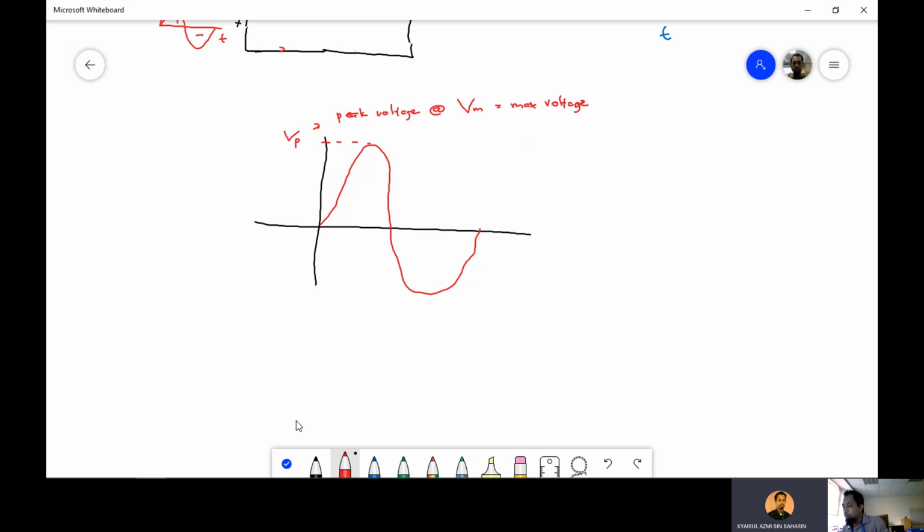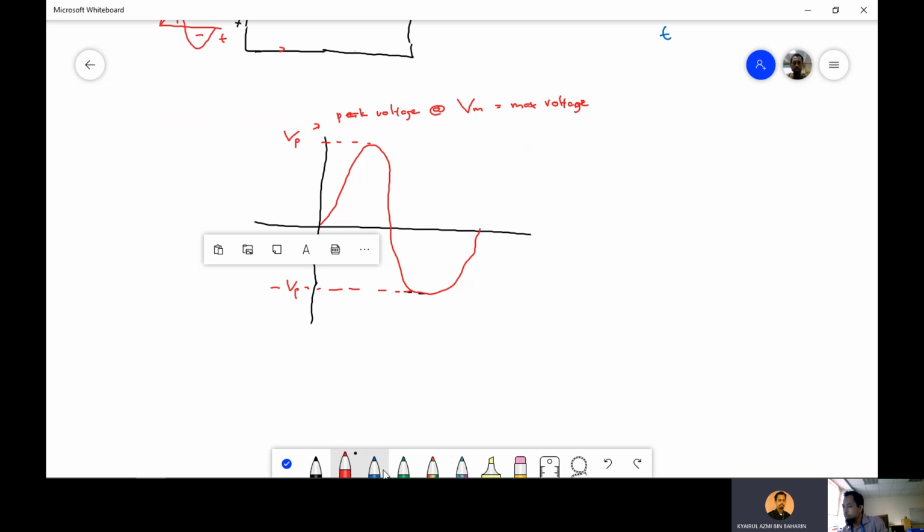Okay, so the opposite here, the maximum value for the bottom part, so excuse my drawing, this should be equal. So this one should be negative VP.